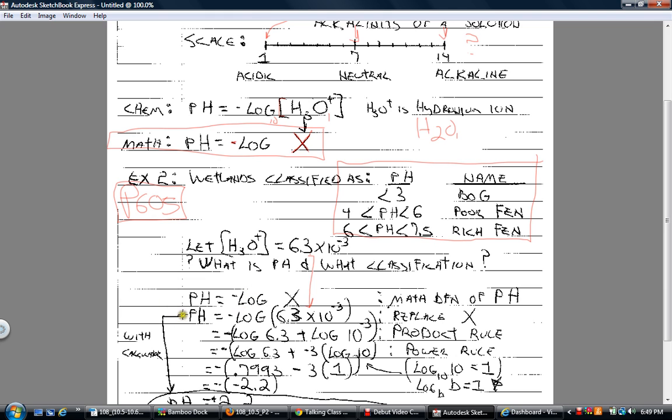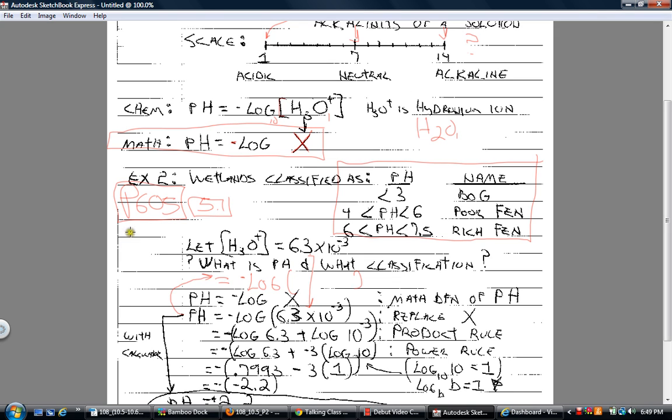Now let me work my way up here, if you don't mind. I'm working backwards. What's to stop somebody from writing negative log of, convert 6.3 times 10 to the negative third and convert it to decimal? Okay, and back at section, I think it was 5.1, maybe 5.2, didn't we do scientific notation?